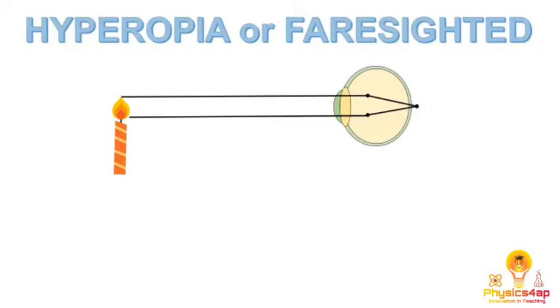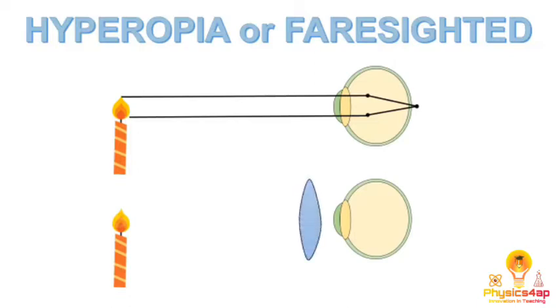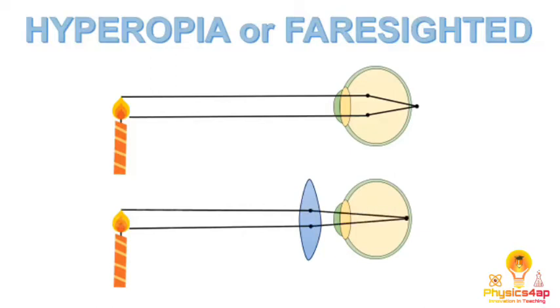To correct this defect, we need a lens to make the point focus on the retina. For that we use a convex lens. A parallel beam of light falling on the convex lens converges and falls upon the retina, making the object seen clearly.